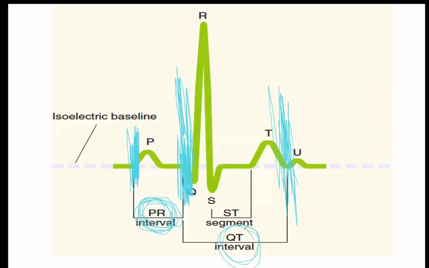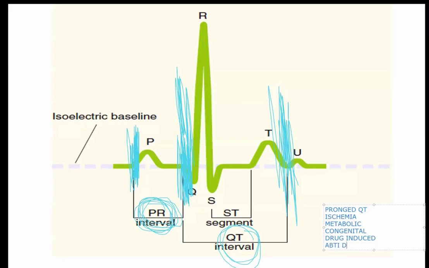If the QT interval is prolonged, it predisposes to arrhythmia. The most important cause of prolonged QT is ischemia. Or it could be metabolic, like hypomagnesemia or hypocalcemia, and sometimes it could be congenital, or it could be drug-induced, as in the case of antidepressants.